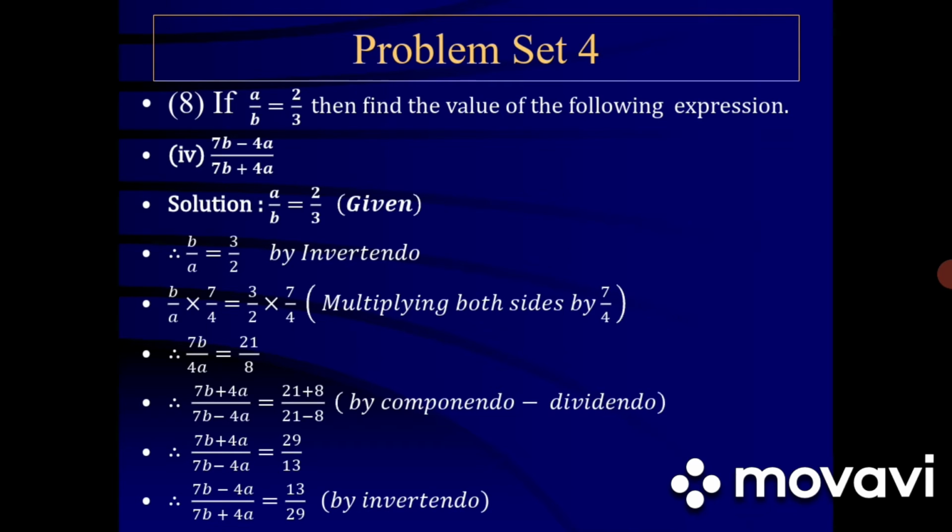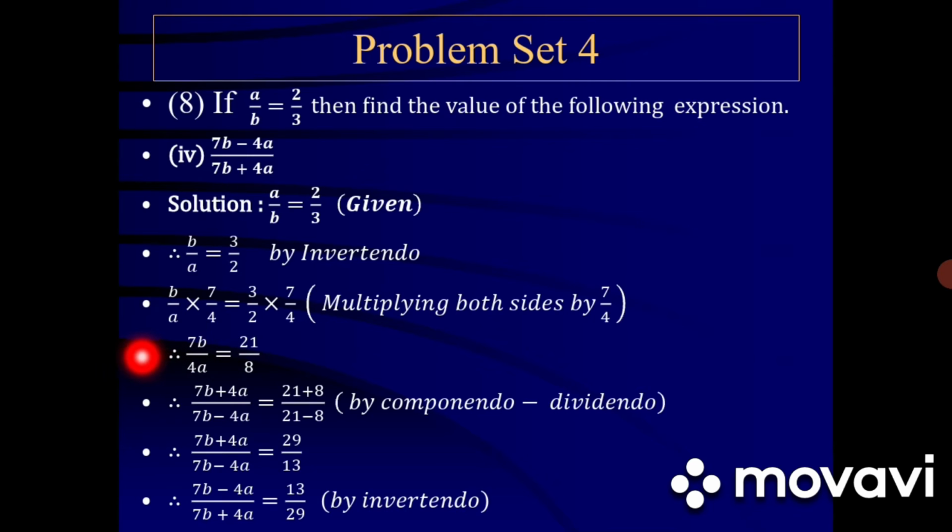If A upon B is equal to 2 upon 3, then find the value of the following expression. Subdivision 4, 7B minus 4A upon 7B plus 4A. Solution: given A upon B is equal to 2 upon 3, therefore by invertendo, B upon A is equal to 3 upon 2. Multiplying both sides by 7 upon 4, we get B upon A into 7 upon 4 is equal to 3 upon 2 into 7 upon 4.